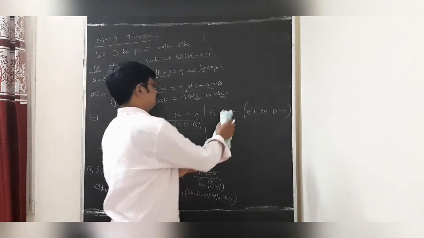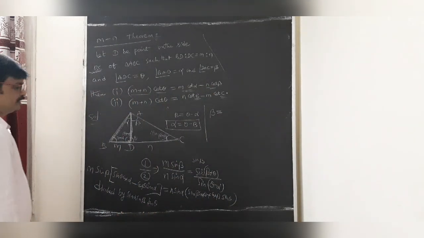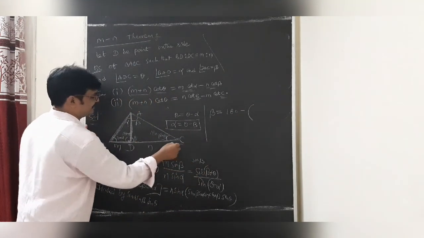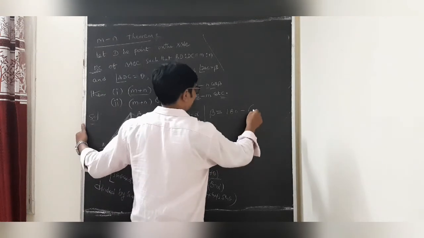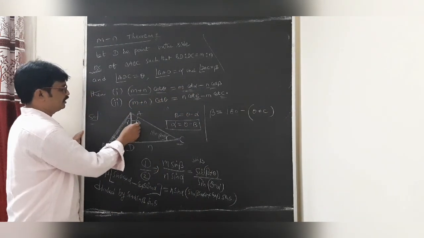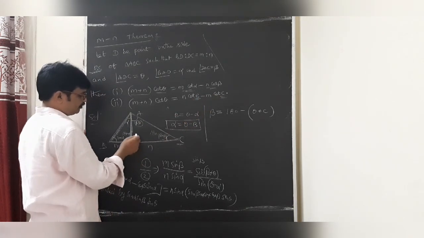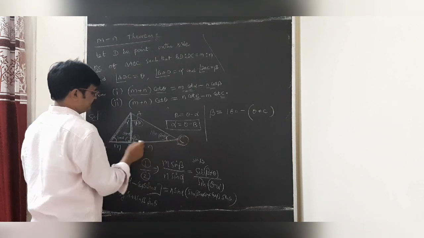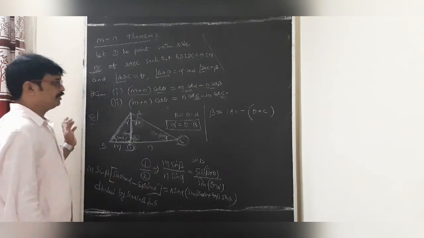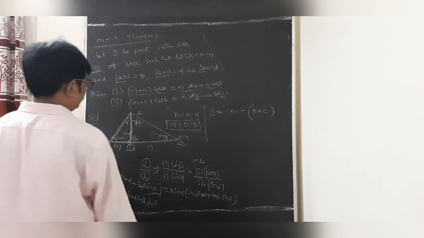You can directly write 180 minus of, we can write beta in terms of C. Beta can be written as 180 minus of theta plus C. Here D is theta, C is C. So students, this is beta, this is alpha.